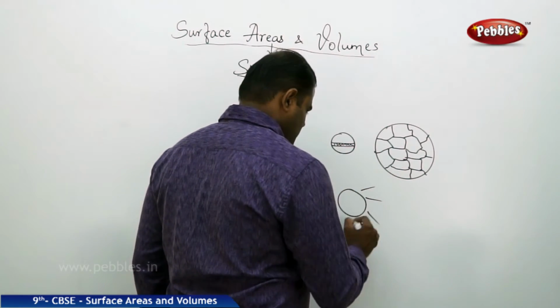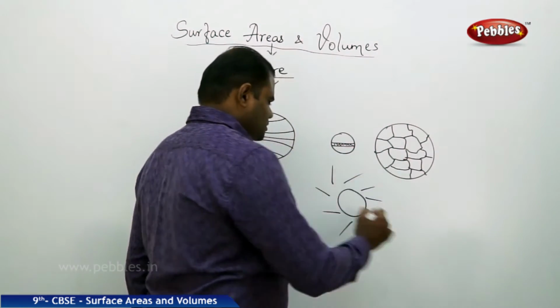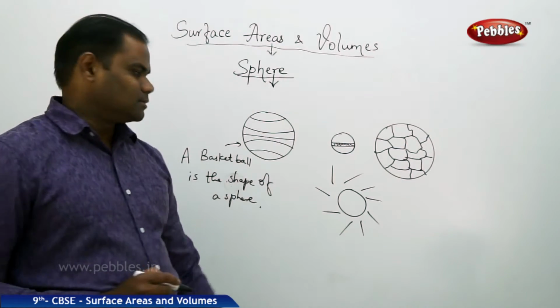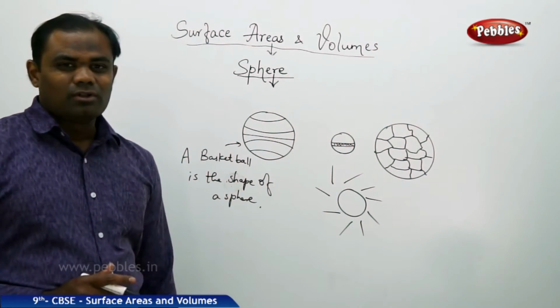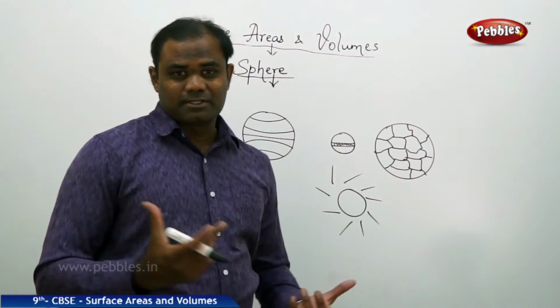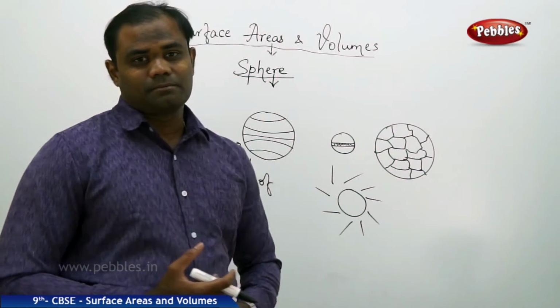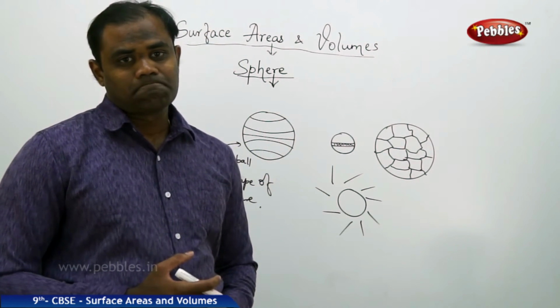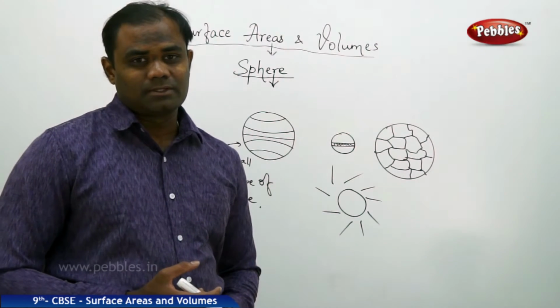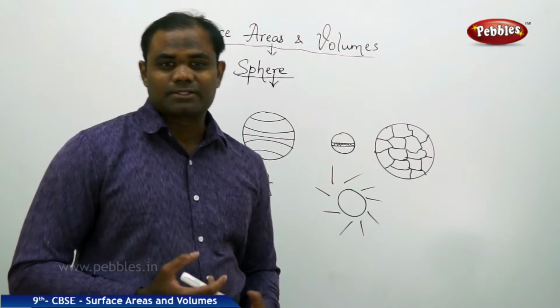The sun, which also looks like a sphere when seen, is another such object. But what is a sphere? How do we understand it through mathematics? That is what we are going to see in the next session.